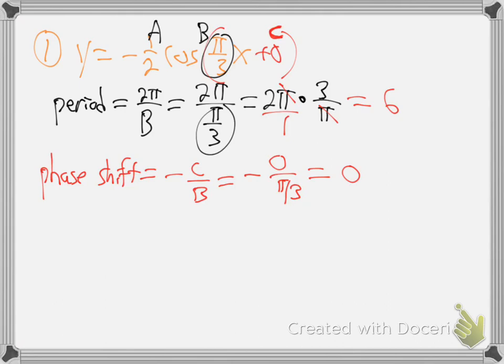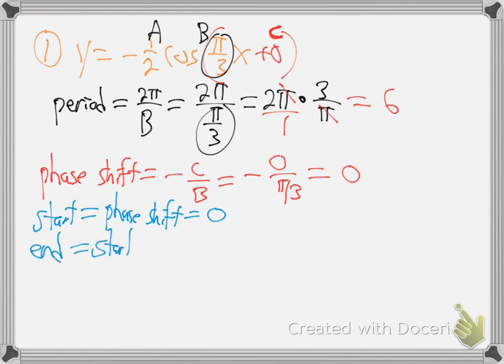So, okay, let's do that. So therefore we say, okay, now where is this graph? This is where it's going to start. I'll just bring it down here. It's going to start at the phase shift, where they always start, which is 0. And where's it going to end?